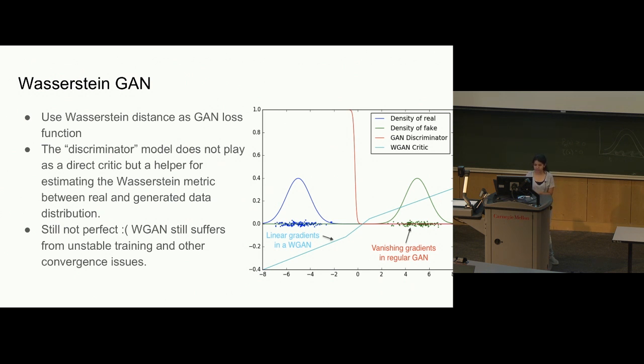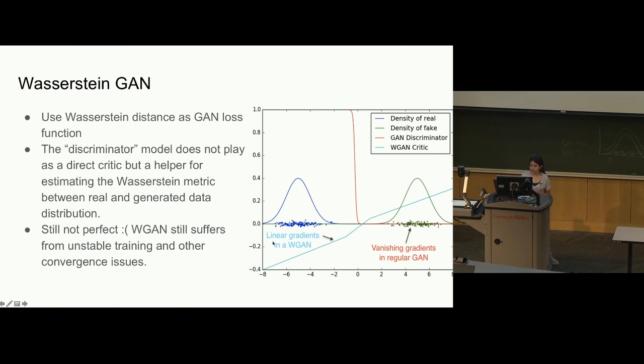But here, the discriminator is not modeled as a direct critic, but as a helper for estimating the Wasserstein metric. So the generator and discriminator are not fighting against each other to prove each other wrong, but are aligning to meet a common objective function. That's why the training becomes simpler, because you won't run into the very obvious convergence issues that you run into with GANs very often.